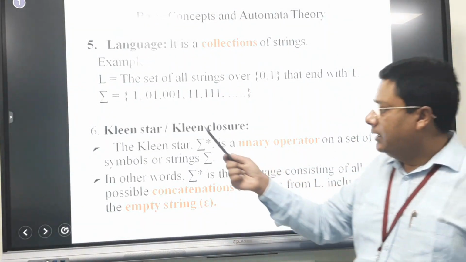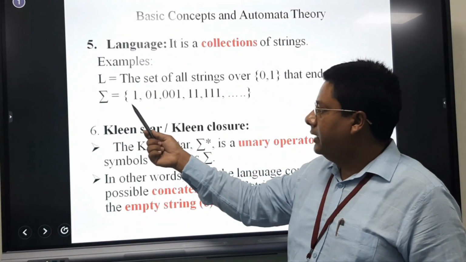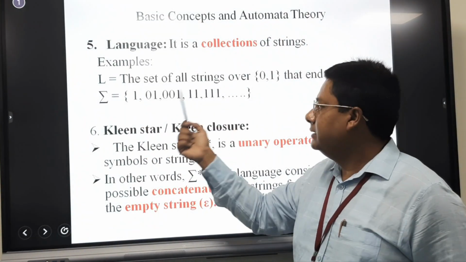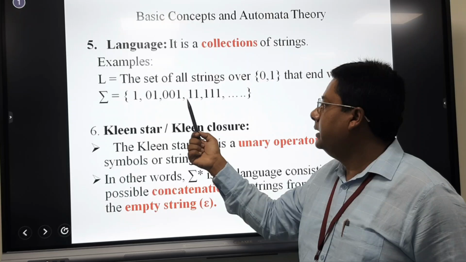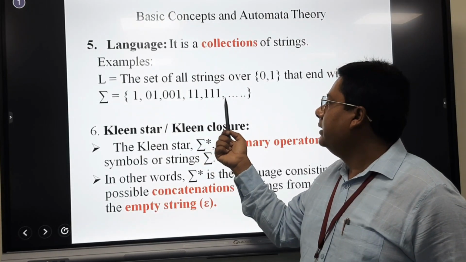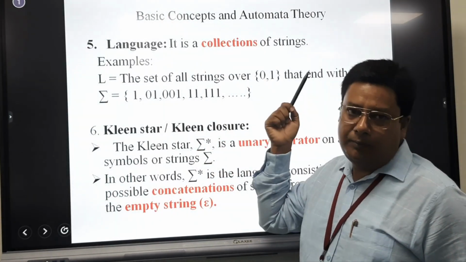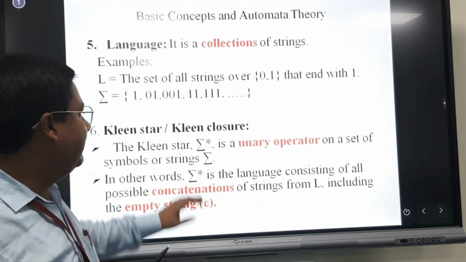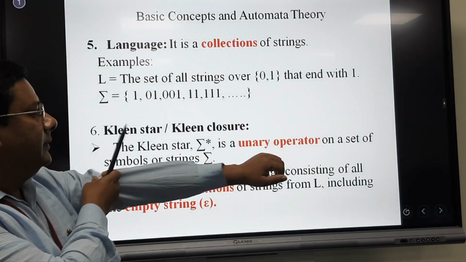Suppose the language generated is 1, 01, 11, 111, and so on. The language can be infinite, generated by these two symbols.